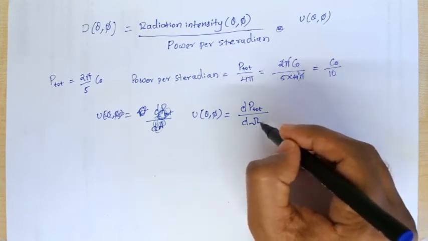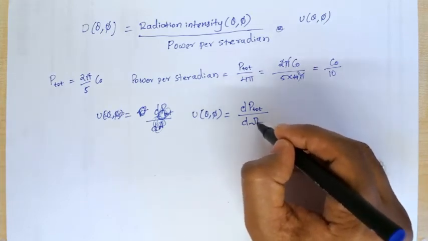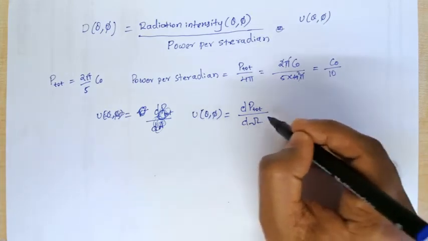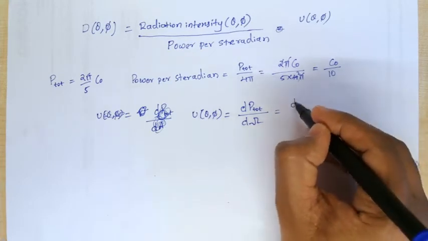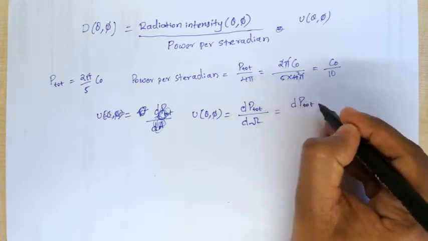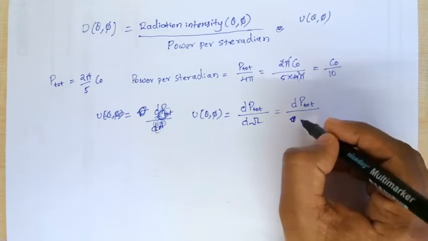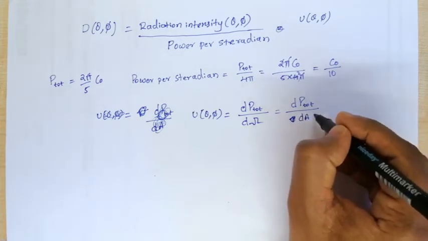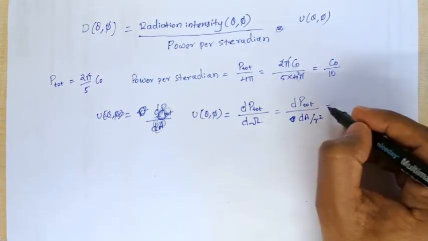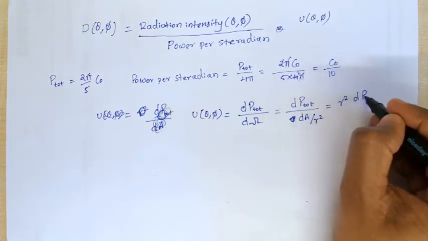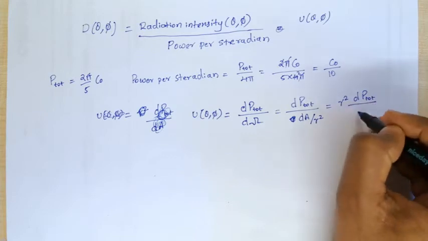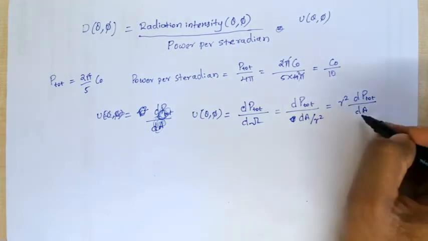The incremental solid angle can be written as dA by r square, so it is r square dP total divided by the elemental area.